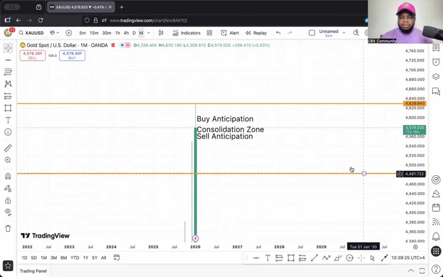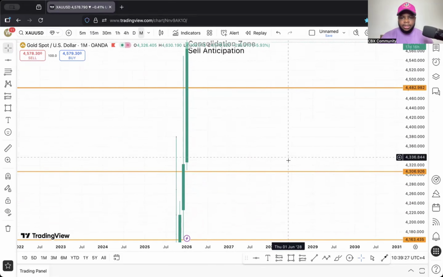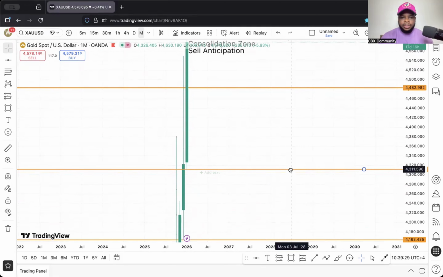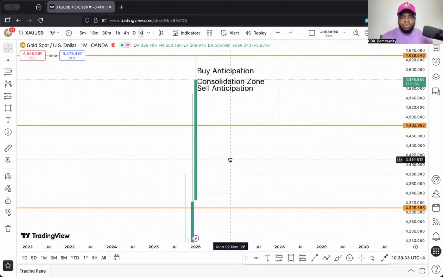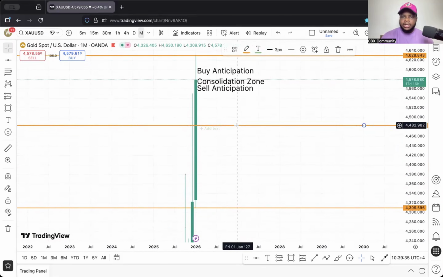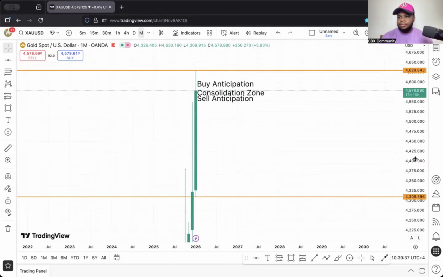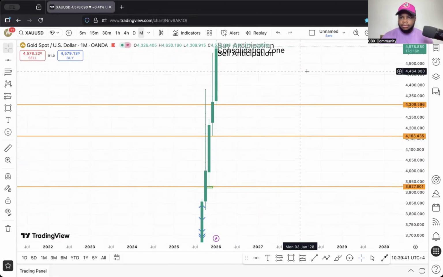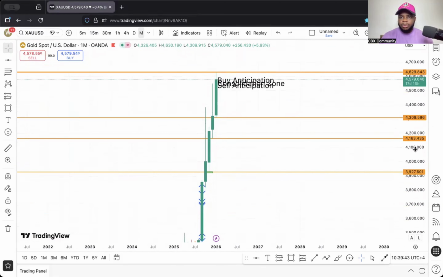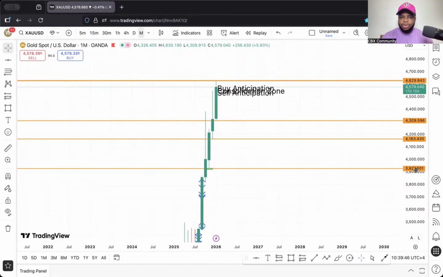Let's zoom the chart a little bit. This is the low of the recent month candle, and this is the low. So we don't need this line. Let's delete this line. The month market condition, we are in an uptrend.